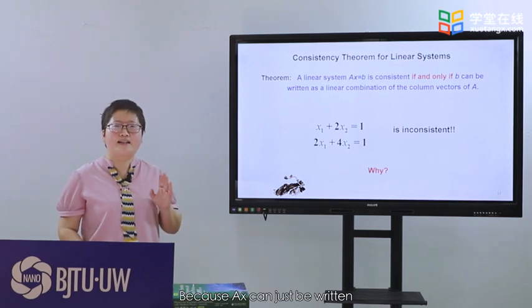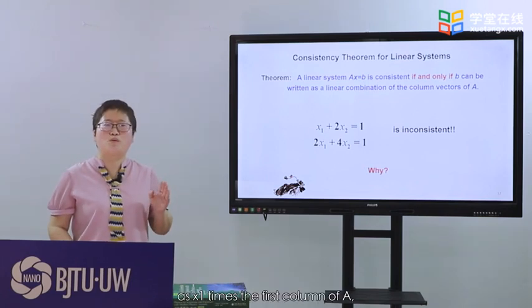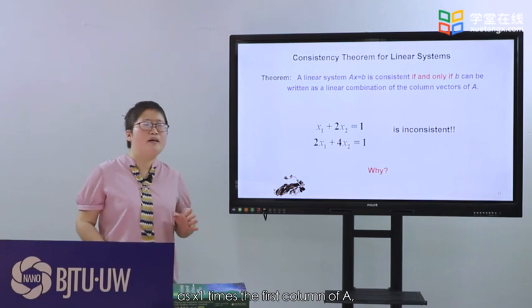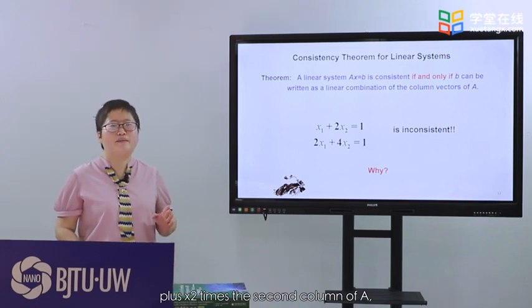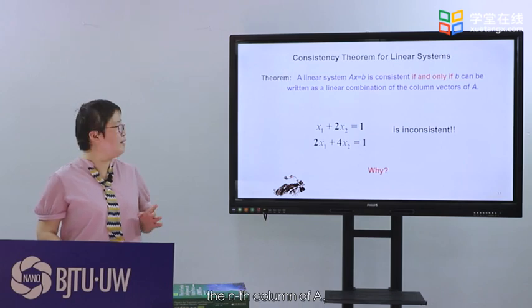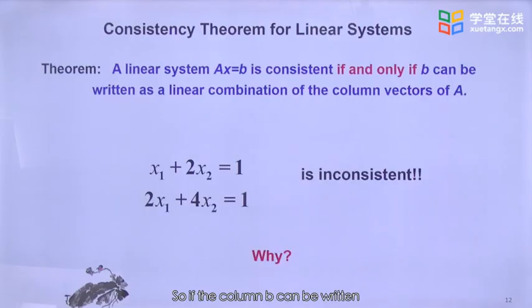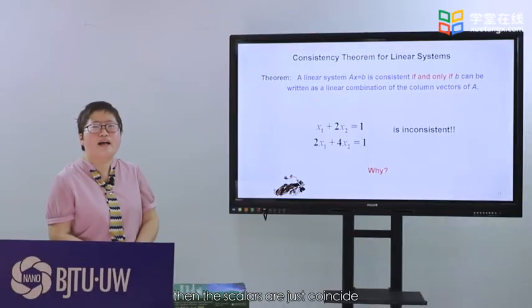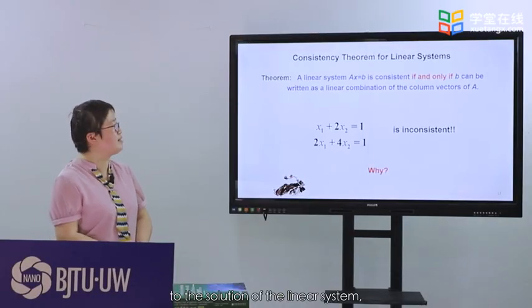Because Ax can be written as x1 times the first column of A plus x2 times the second column of A plus ... plus xn times the nth column of A, right? So if b can be written as a linear combination of the column vectors of A, then the scalars coincide with the solutions of the linear system.